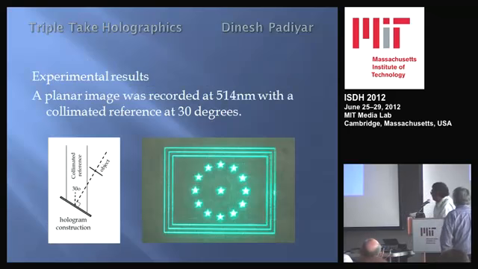So these are experimental results. We used this image and we recorded the hologram at 514 with the object directly in front of the plate at a distance of about 13 inches. And the reference beam came in at 30 degrees.